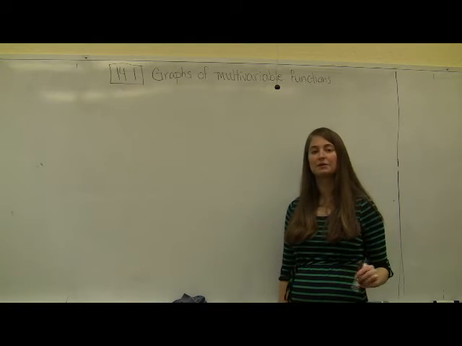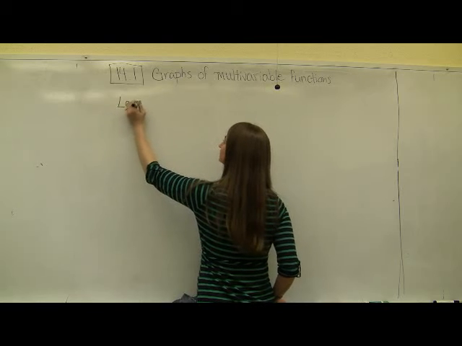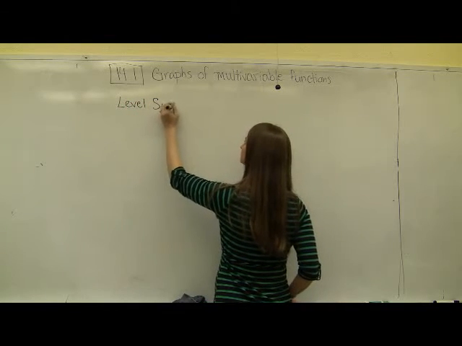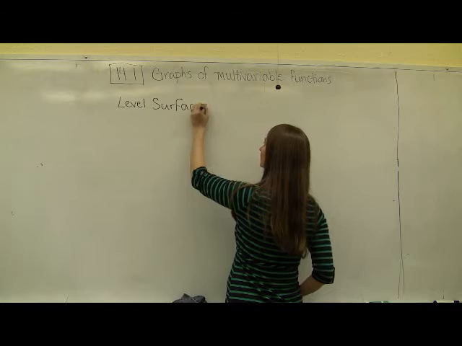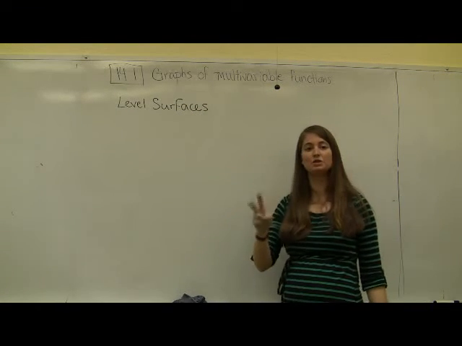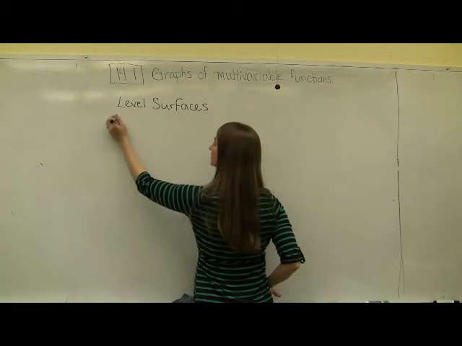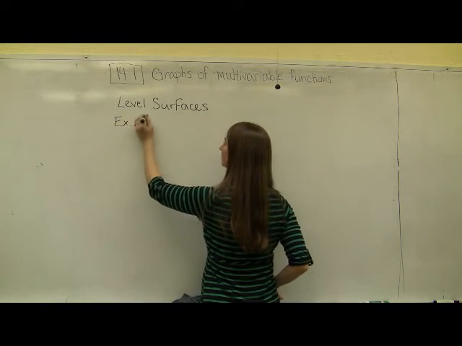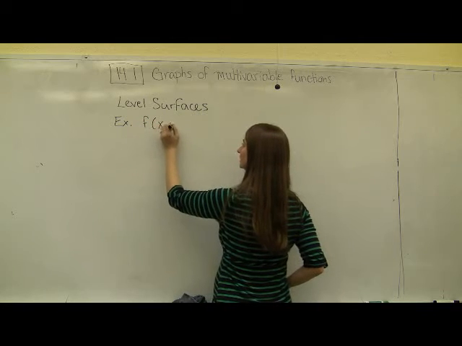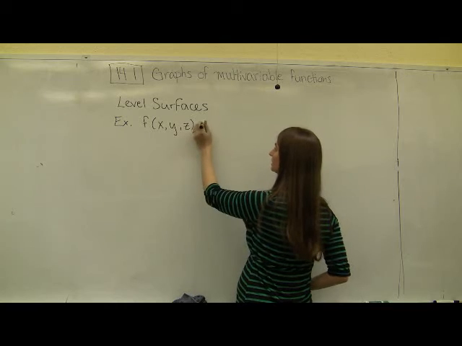So the final topic that I want to talk to you about is level surfaces. So we've talked about graphs of multivariable functions where we only had 2 inputs into the function. And I want to talk about what happens when we have a point in R3 as our input into the function.